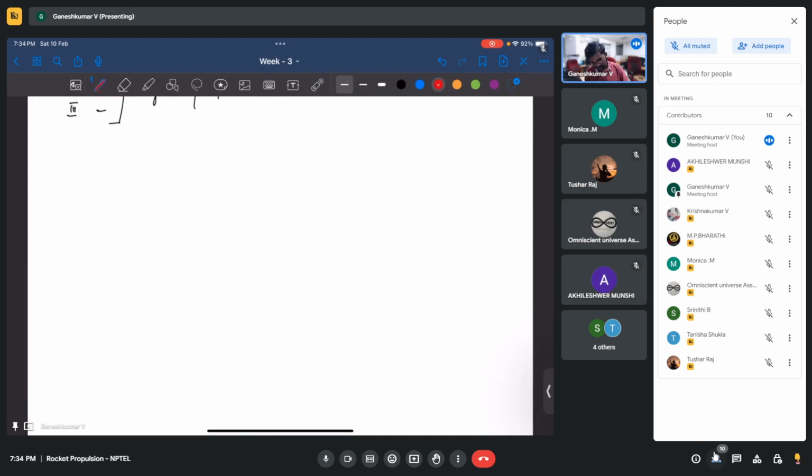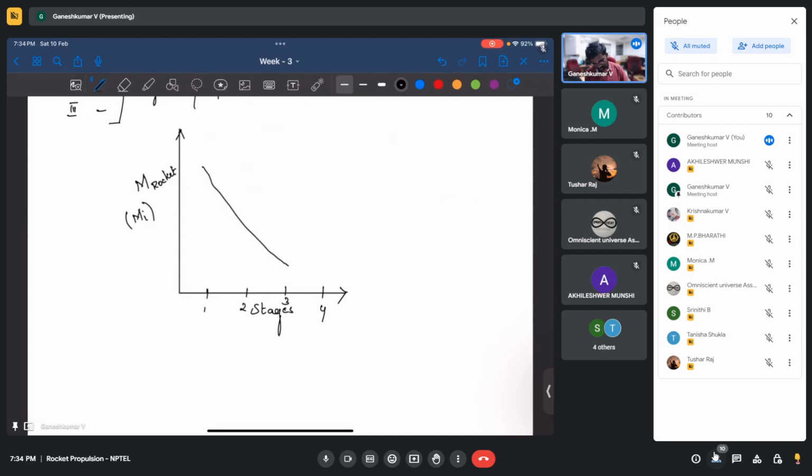So maybe it might look something like this. I solved it long back. So let's say if you increase the stages, and this is the mass of, let's say, the rocket. What happens is, after the first stage, second stage, third stage, fourth stage, it might actually reduce to the third stage.